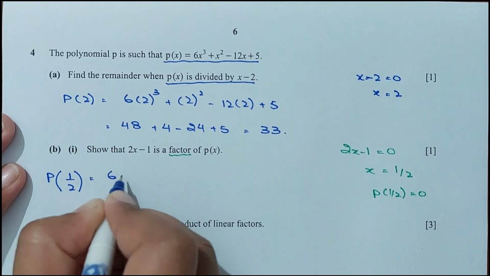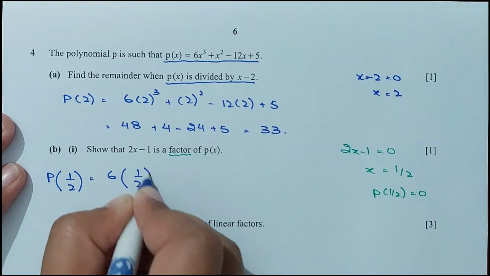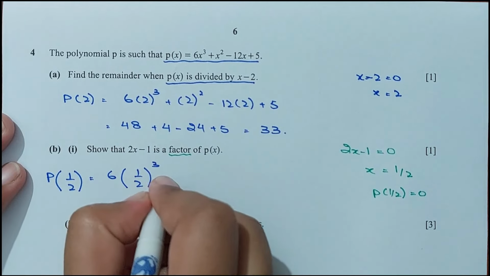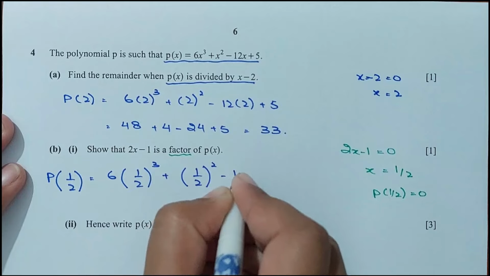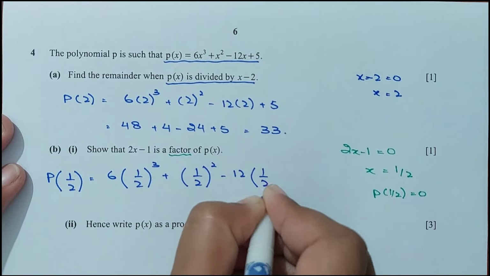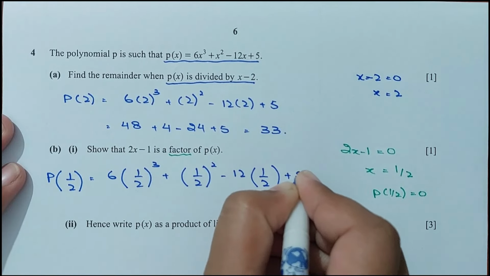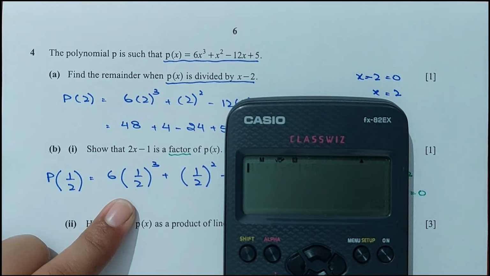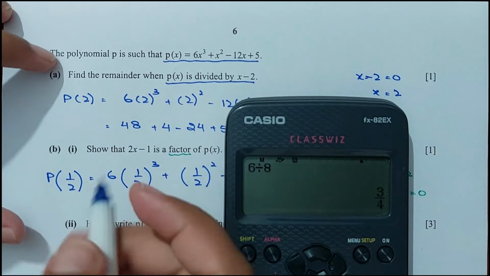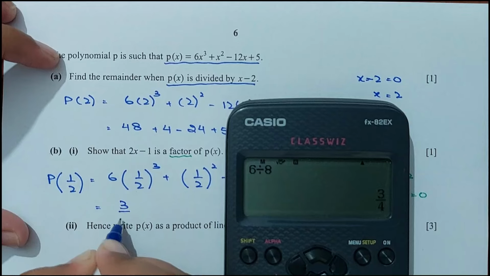This would be 6 times 1 by 2 whole cube plus 1 by 2 whole square minus 12 into 1 by 2 plus 5. Simplify, we can say 1 cube is 1, 2 cube is 8, and 6 by 8 in simplest form is 3 by 4.